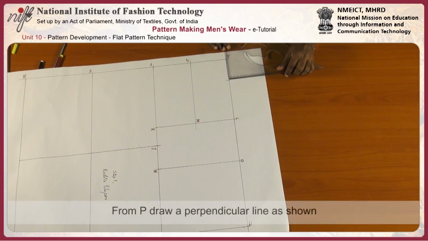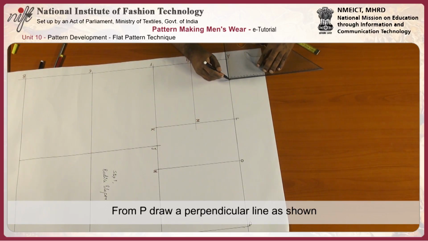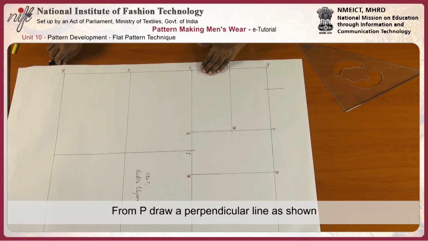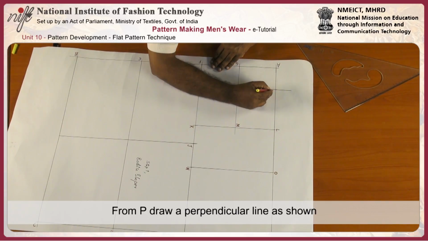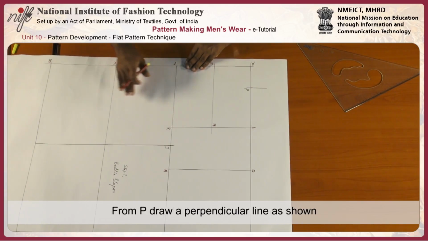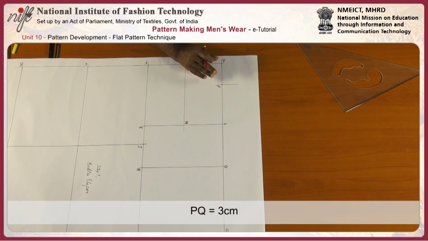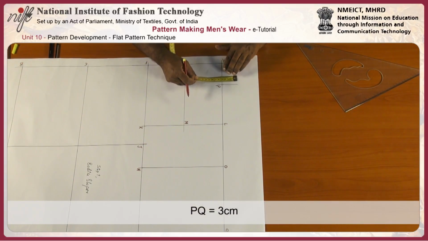Then draw a perpendicular line from point P as shown. From point P to Q 3 centimeter.